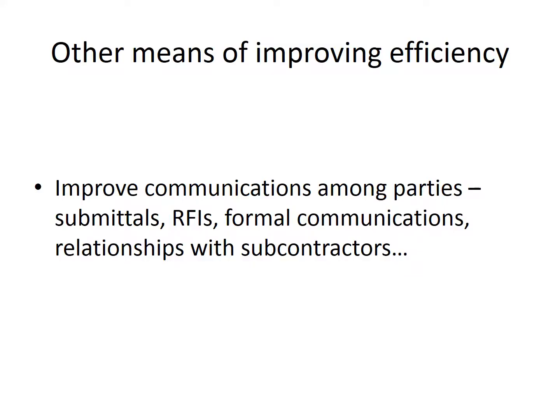Other means of improving efficiency. I can improve communications among parties, and this is kind of the paperwork background story to scheduling. In order to get materials on site, to procure materials, there's a whole paperwork side that involves the engineer and the architect. It involves submittals, requests for information, any formal letter writing, any relationships that you might have with subcontractors.